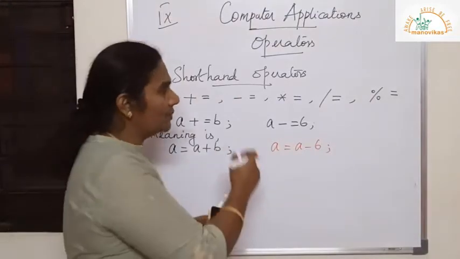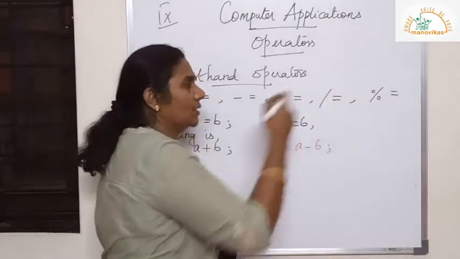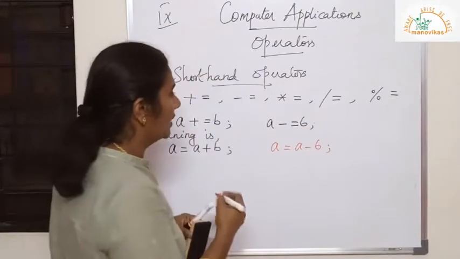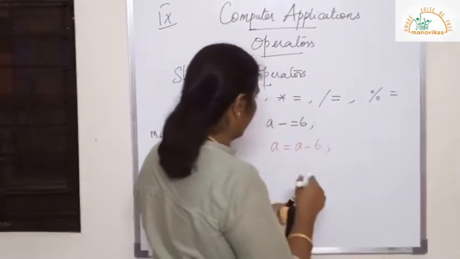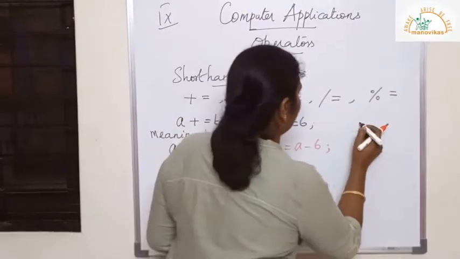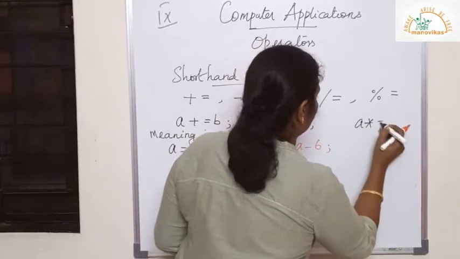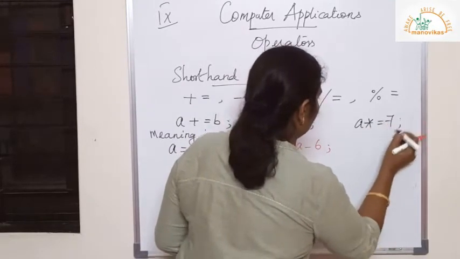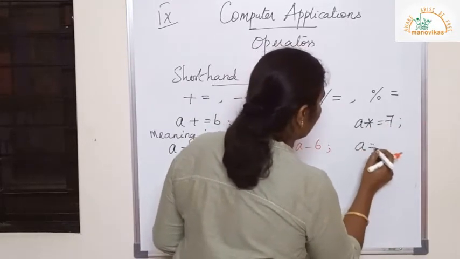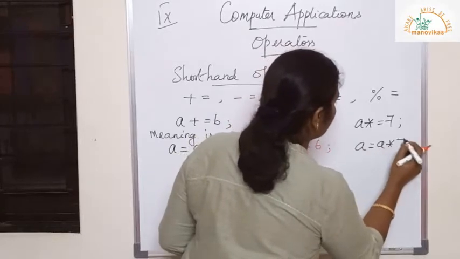Okay. So similarly, all these operators work. If you take A star equal to 7, it means A is equal to A star 7.